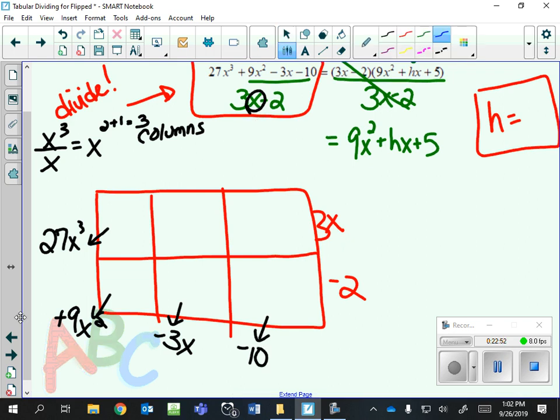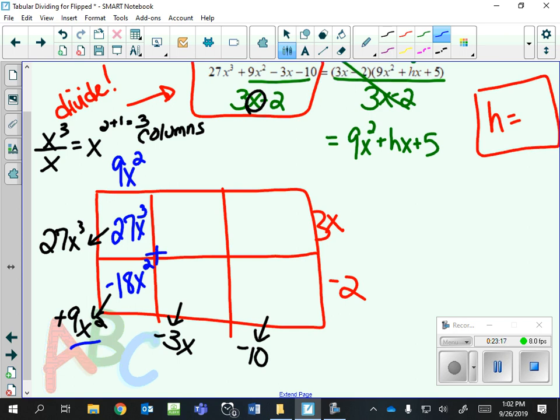Start in my top left, 27x to the third. Up top, I should have a 9x squared. 9x squared times 3x is 27x cubed. Keep multiplying. 9x squared times negative 2, negative 18x squared. My diagonal has to add to a positive 9x squared.